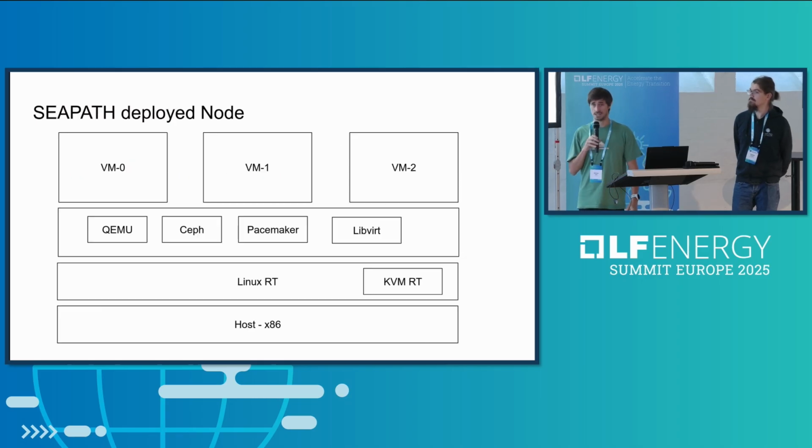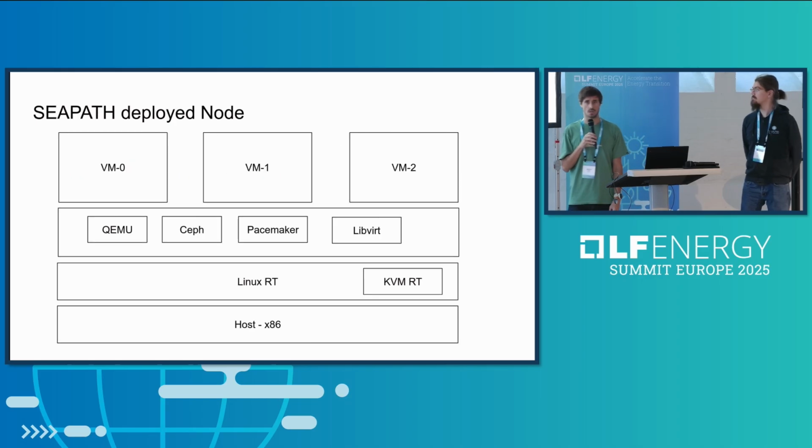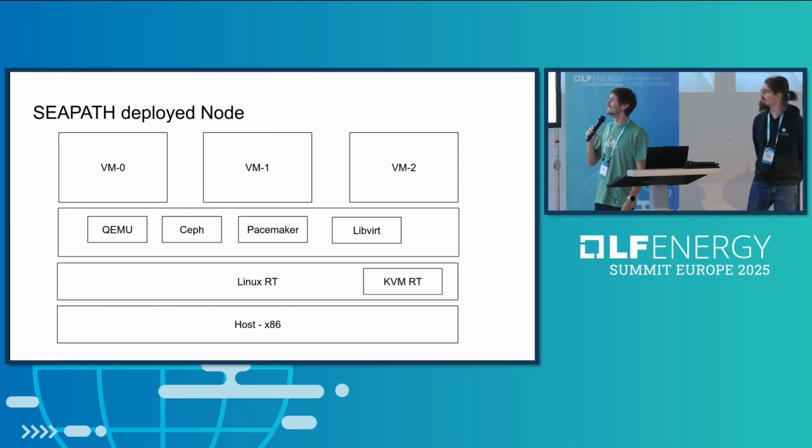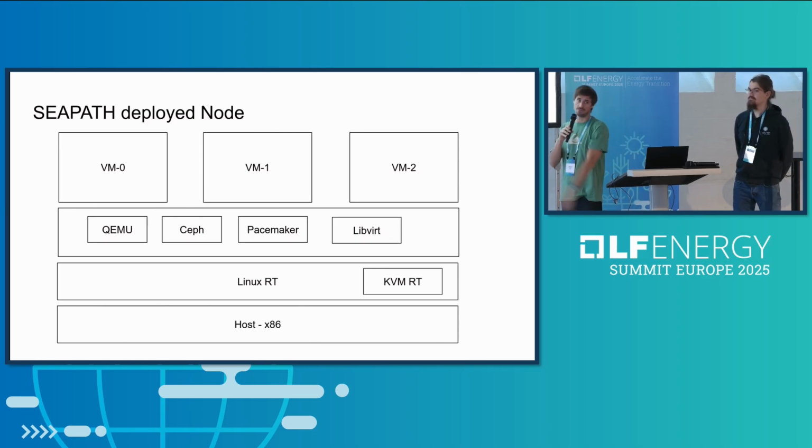So just to have an idea, when we talk about the SEAPATH node, what exactly do we have? A host which could be x86. This is what I haven't tried, and it's quite hard to talk about this. And then we have a Linux kernel with a few patches to make it RT, so real time.